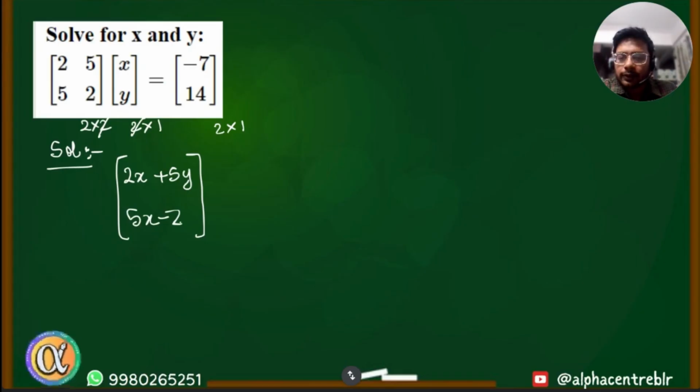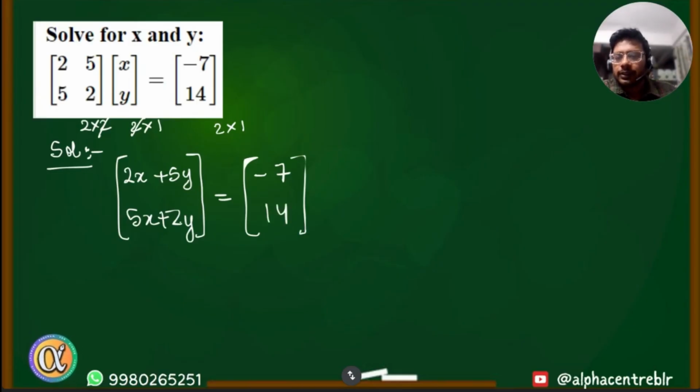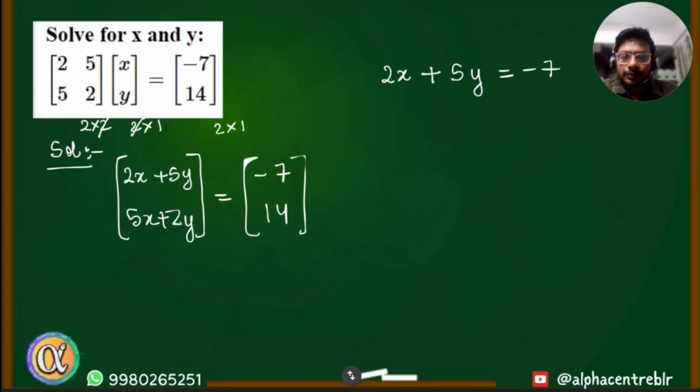Which as per this question is equal to the matrix minus 7 and 14. So now we can compare the terms and say 2x plus 5y is equal to minus 7. This is a simultaneous linear equation.